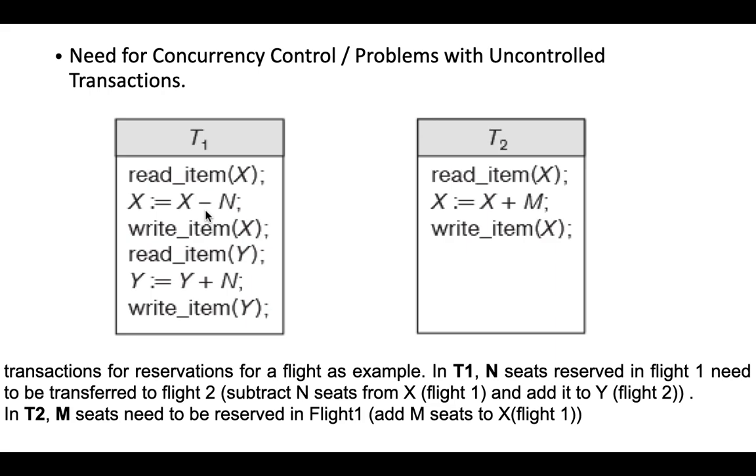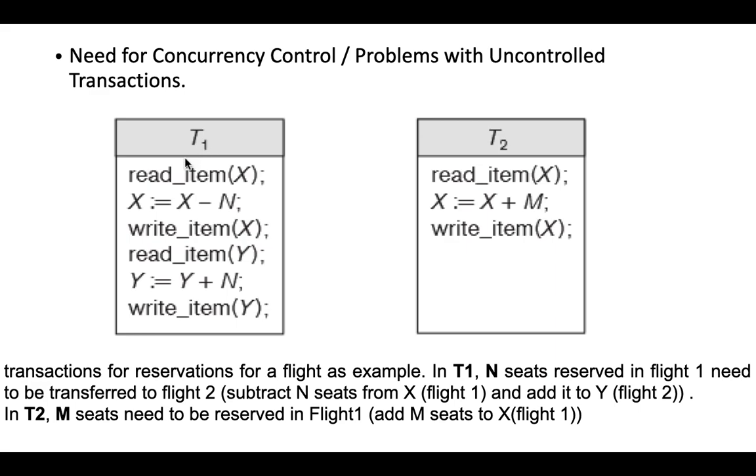You are withdrawing or transferring 1,000 rupees from your account having 5,000 as balance, and you are transferring this 1,000 rupees to another account holder Y. If you imagine this N to be 1,000, that N is getting deducted from your account. So I'll just brief this.